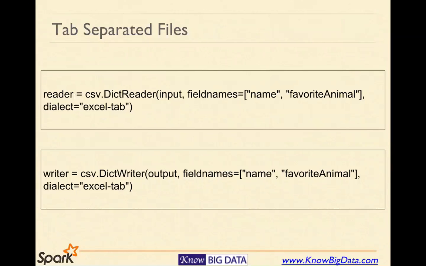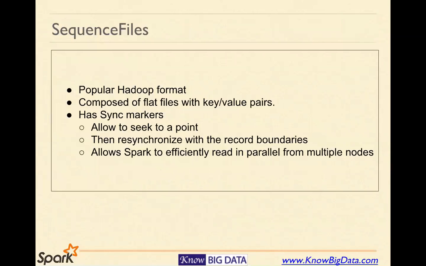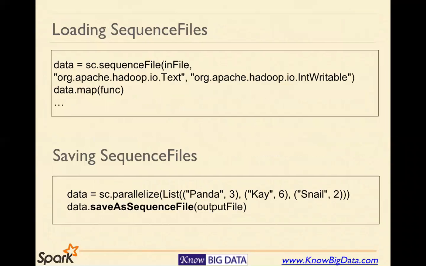All right. So similarly, you can parse tab-separated file. Also, sequence files you can load in a very simple way. You could say sc.sequenceFile, give the name of the file, and while loading the file, you specify what, because sequence file contains two kinds of data, right?